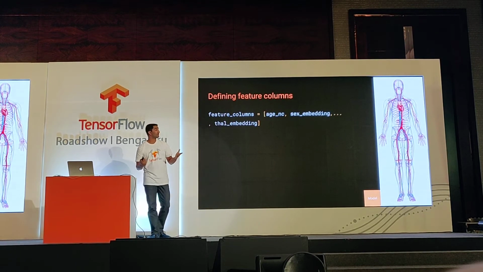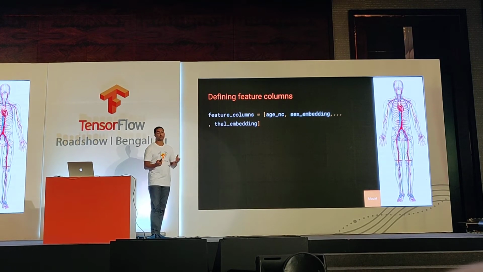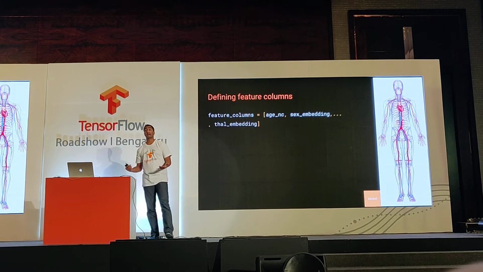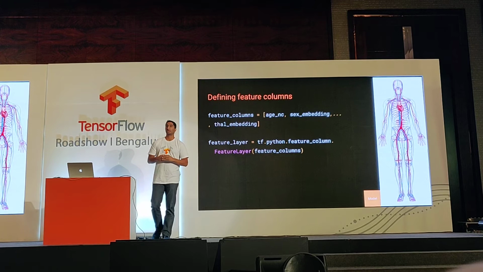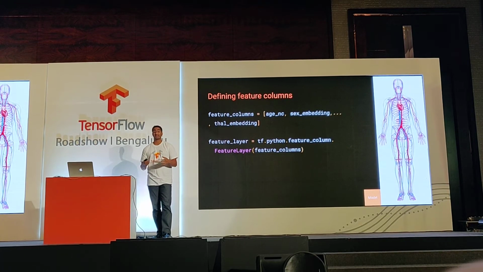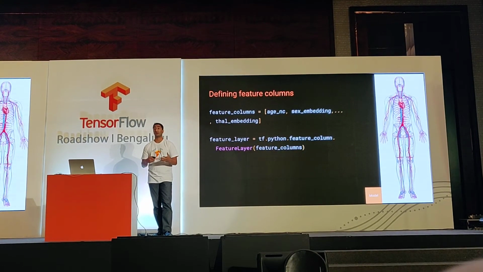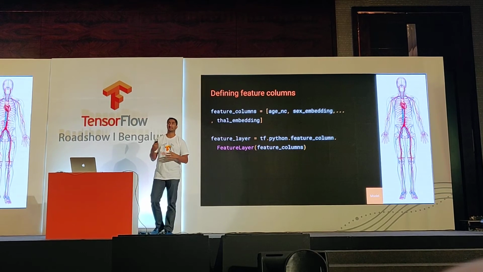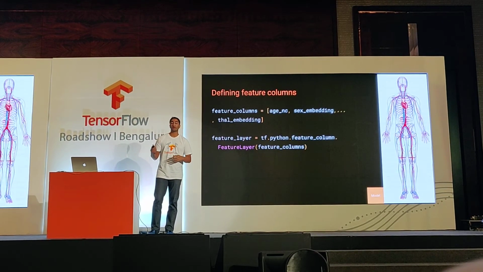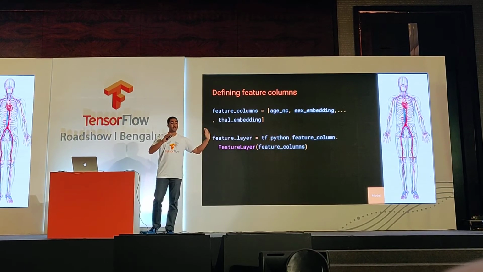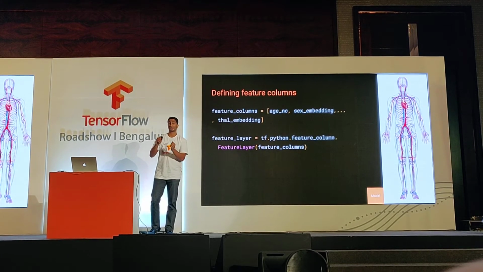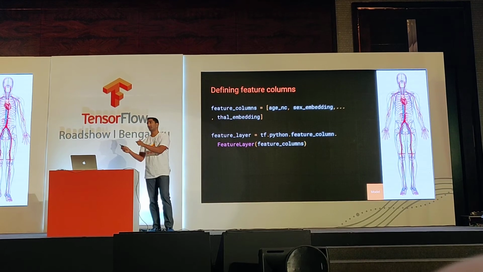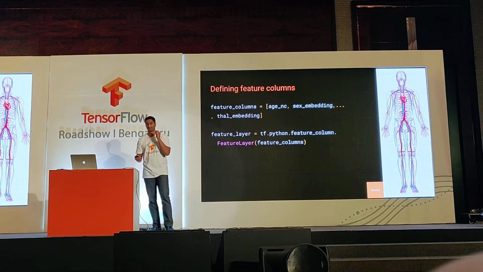And so now that we have our feature columns in a list, how do we add that to our model? It's actually really simple. We're going to use something called a feature layer. So for those of you who have used Keras, you might not have seen this. This is coming up in version 1.12 and definitely in version 2.0. When we train our model, this feature layer will act like any other layer, but it will take the dataset object and transform it into the format that the neural network is expecting.